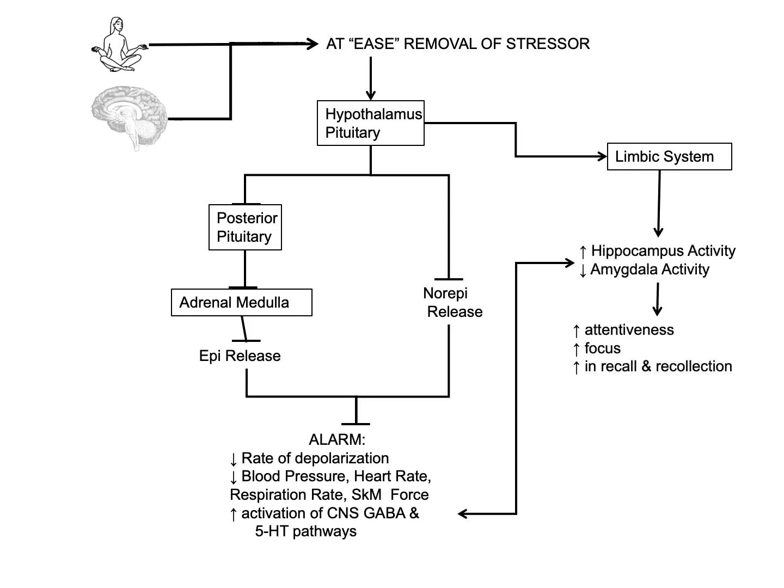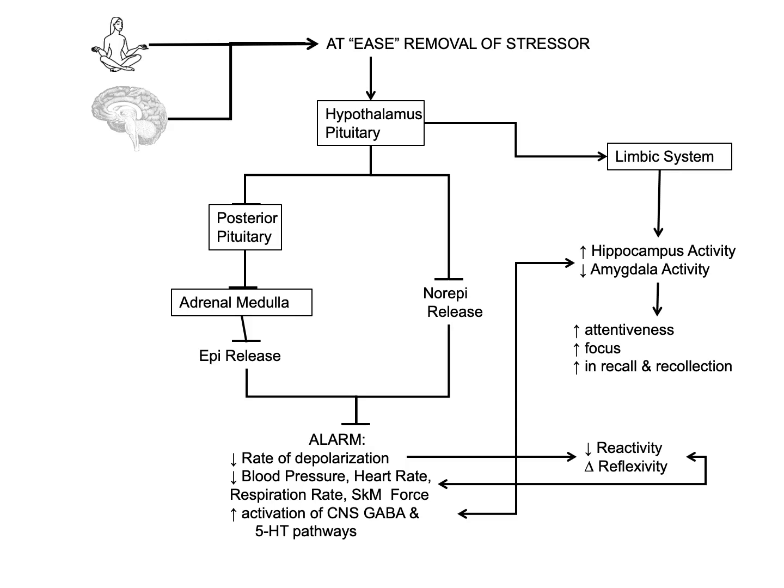This leads to an increase of attentiveness, an increase of focus, and an increase of recall and recollection. We're able to remember how to do what we need to do. This leads to a reduction in the rate of depolarization and an easing of responses physiologically.